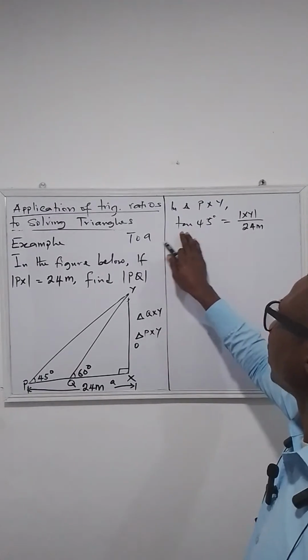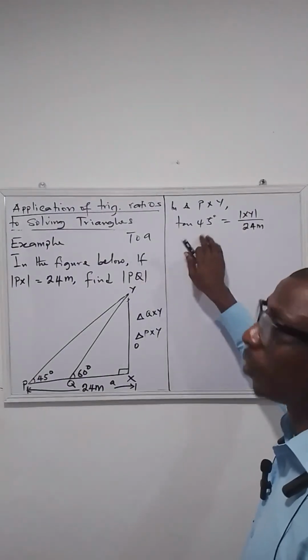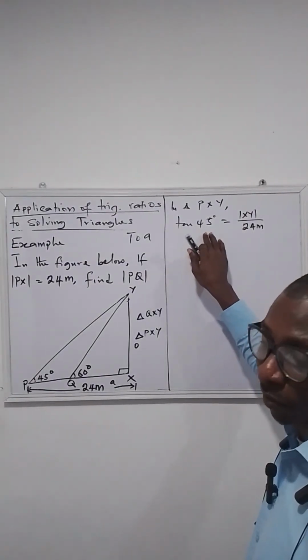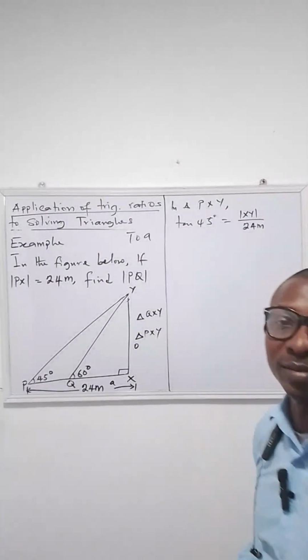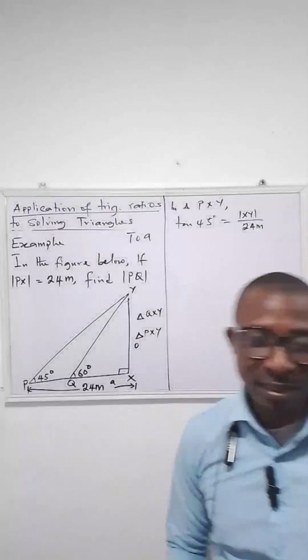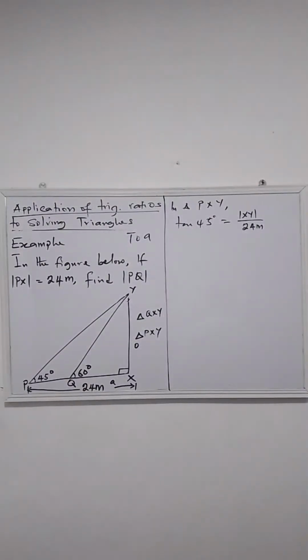Okay, so now what's the next thing to do? Now you get the value of tan 45. What is going to be tan 45? Okay, so I want the answer very fast. Tan 45, without looking at your book, without punching your calculator. So what is tan 45?